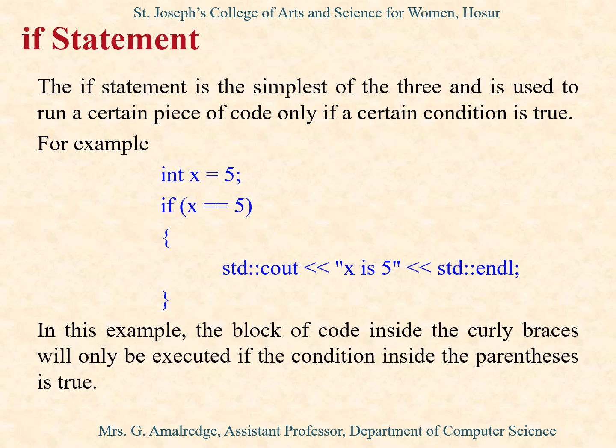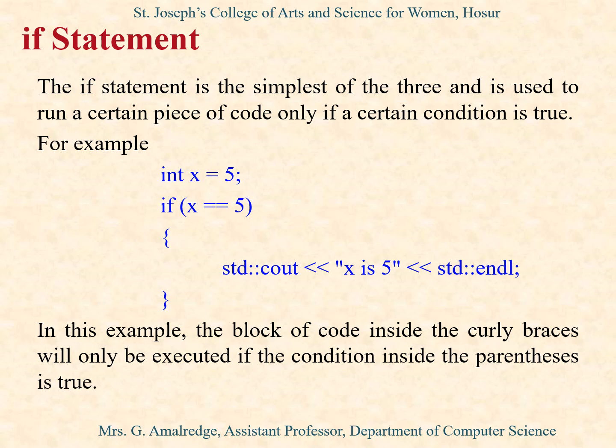If statement. The if statement is the very simplest statement among the three statements. It is used to run a certain piece of code only if a given condition is true. For example, here we are declaring one integer variable called x and we initialize the value of x equal to 5.